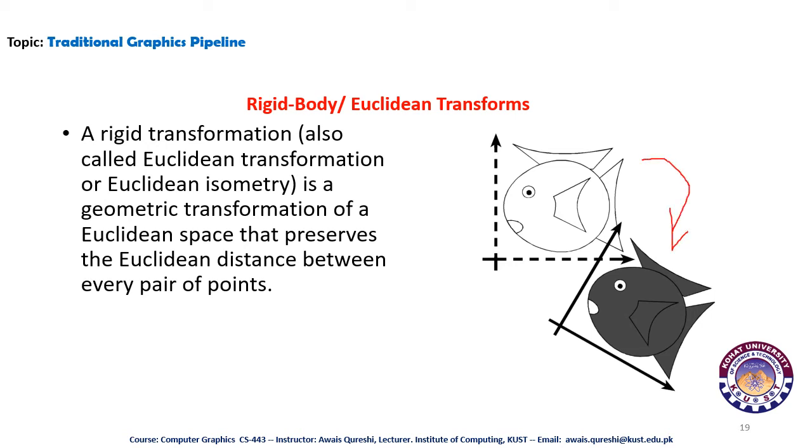A rigid transformation, also called Euclidean transformation or Euclidean isometry, is a geometric transformation of a Euclidean space that preserves the Euclidean distance between every pair of points. So if you want to preserve the Euclidean distance between pairs of points, you can use this rigid body Euclidean transformation.